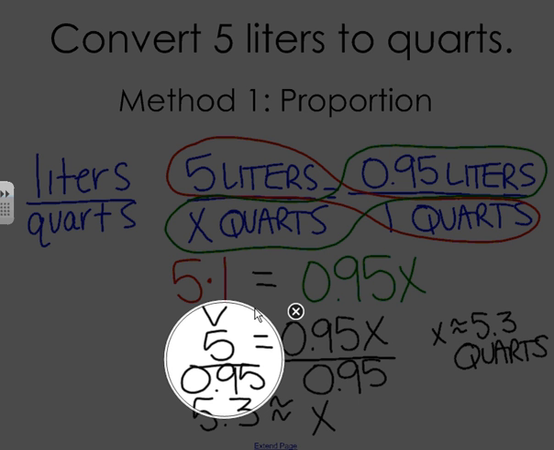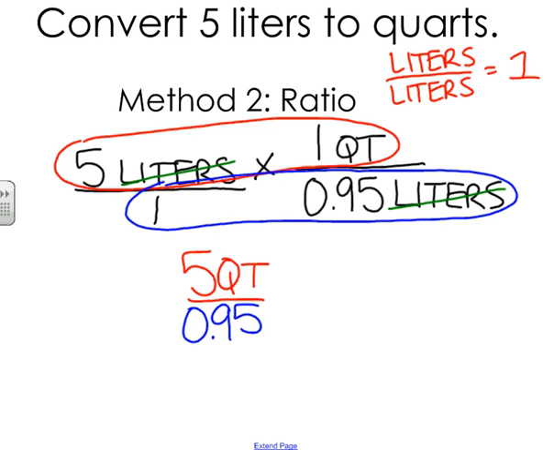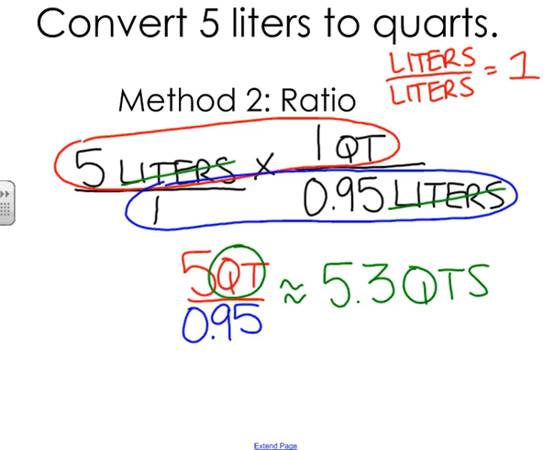It's just a matter of the steps you take to get there. So just like we saw before, 5 divided by 95 hundredths is approximately 5 and 3/10. Now we have quarts here, so I'm going to keep the quarts here. So 5 liters is approximately 5 and 3/10 of a quart. Okay, both of those are valid methods to solve. I don't really mind which method you use as long as you're showing the work that I've shown and you're getting the correct answer, then either way is fine.